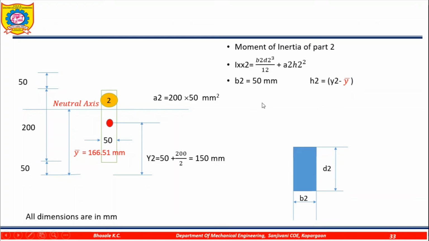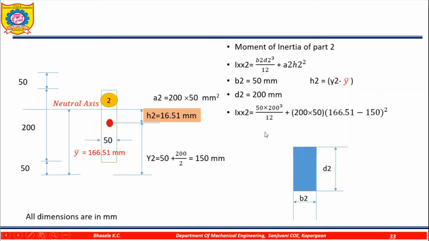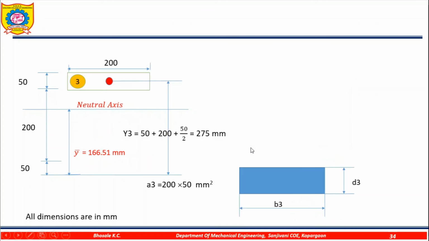B2 is 50, and H2 is Y2 minus Y bar. H2 is the distance between the CG of part number 2 and the neutral axis of the combined section. So we'll use the formula and put the values in it. This is the value of Ixx2, the moment of inertia of part number 2.